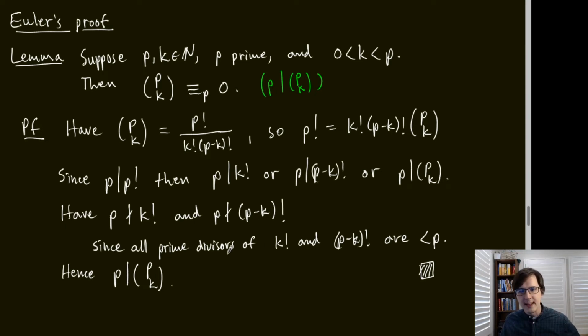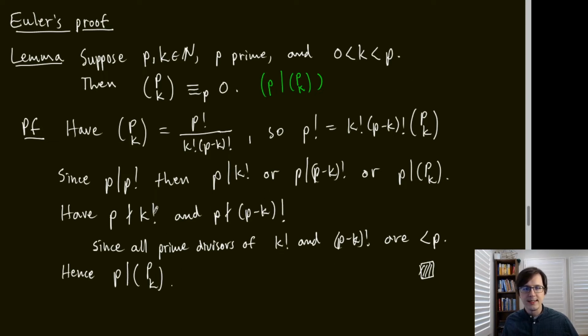The reason is that k is strictly less than p, and all the prime factors of k factorial are primes less than or equal to k. So p, being bigger than k, does not show up among those factors, so it can't divide it. The same goes for p minus k, because since k is bigger than 0, p minus k is less than p.